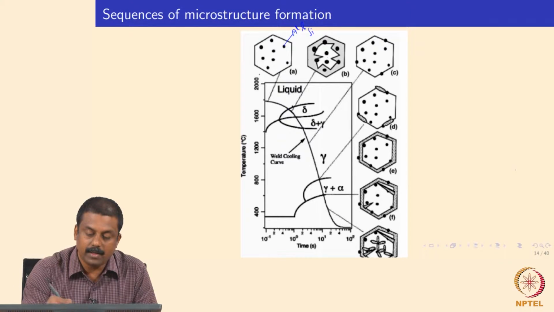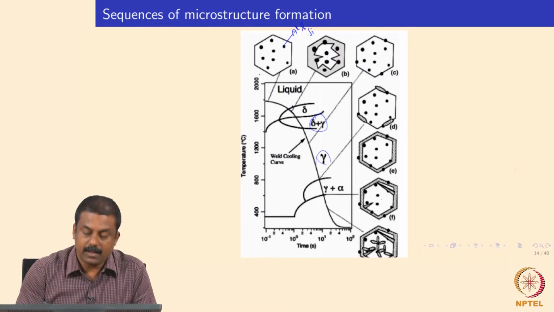When solidification completes, based on the carbon concentration, it undergoes a peritectic reaction, and then a fully austenitic microstructure develops. Subsequently, based on the cooling rates, austenite can transform to low temperature products or even martensite.